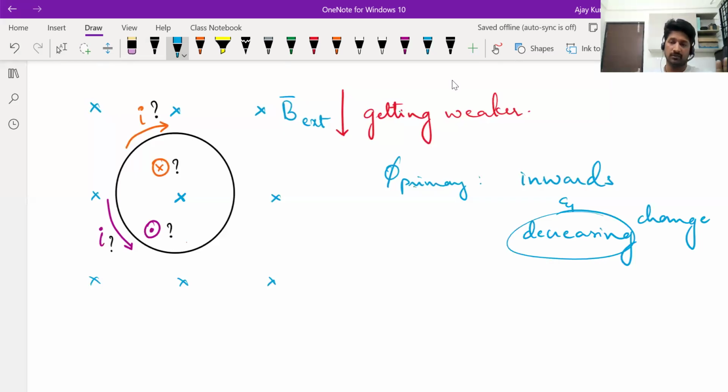We need to oppose, we have to think of a way to oppose the change. The change happening with the primary is that it is decreasing. So should the induced flux, that's the secondary flux, be in the same direction as primary and support it and help it increase? Or should it be in a direction opposite to the primary and decrease it further?